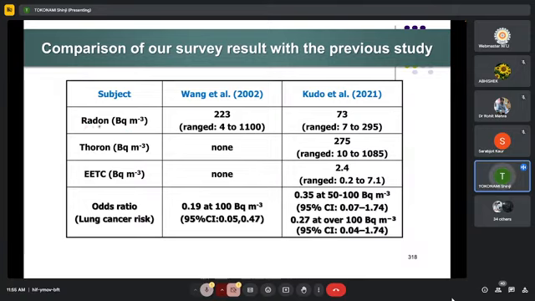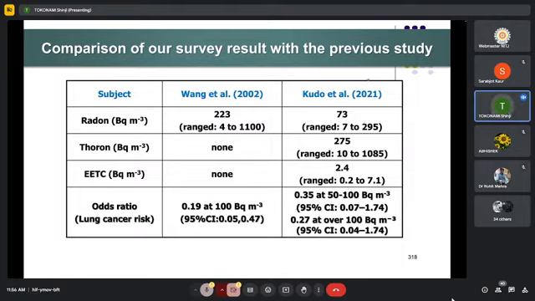In the previous study, they reported radon concentrations of more than 200 becquerel per cubic meter with radon track detectors. These are US detectors. As I pointed out, this device was affected by thoron interference in radon measurements. Therefore, they didn't measure thoron and thoron progeny concentration.